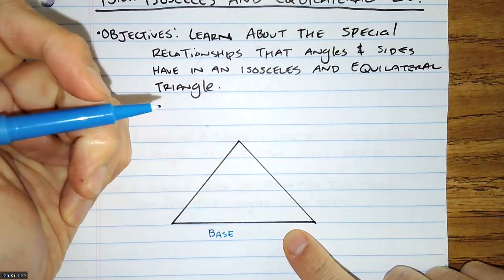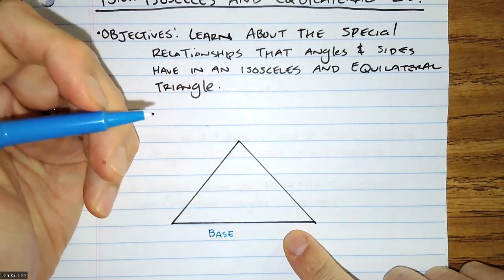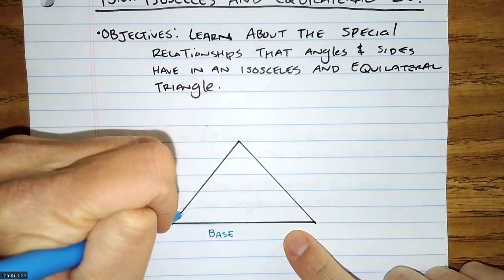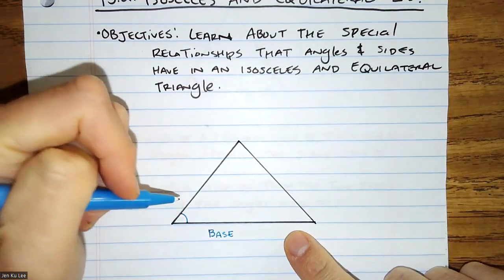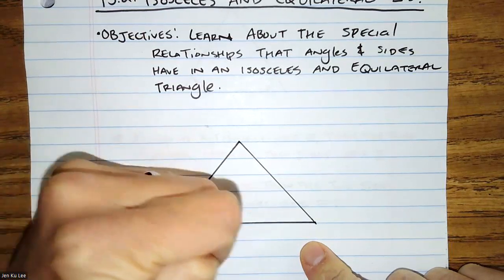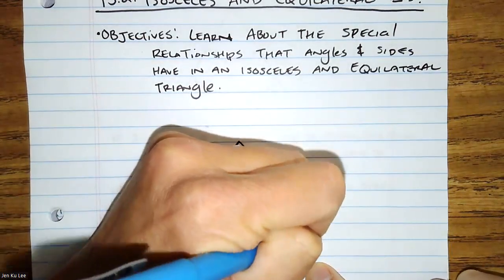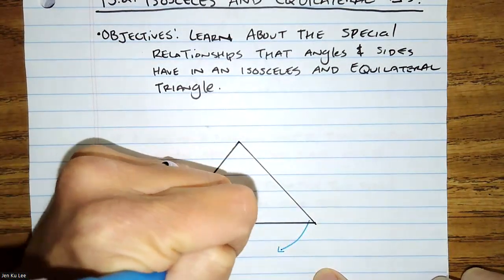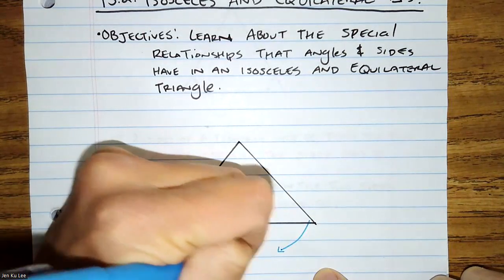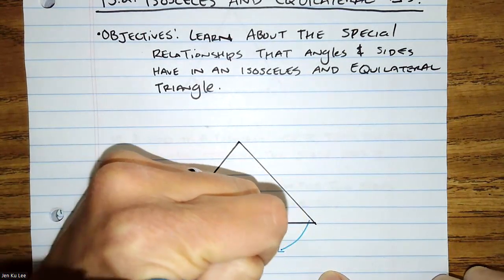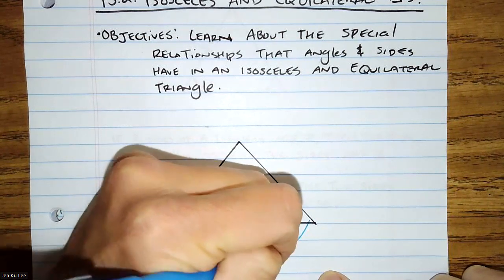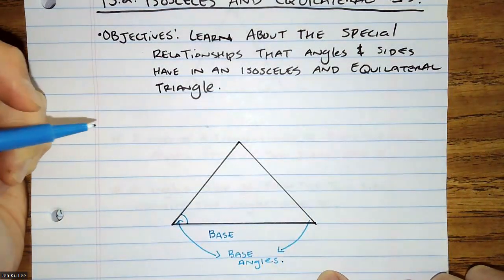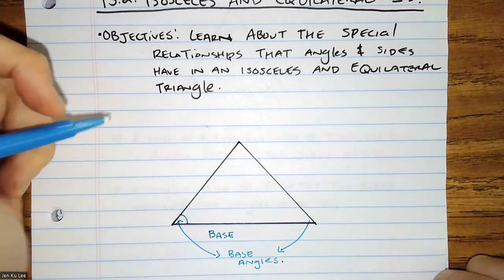Okay, base side. These angles here and here are called the base angles. Easy enough, right? The base and the base angles.